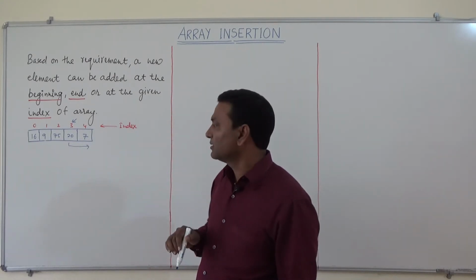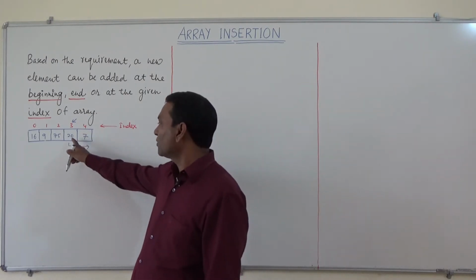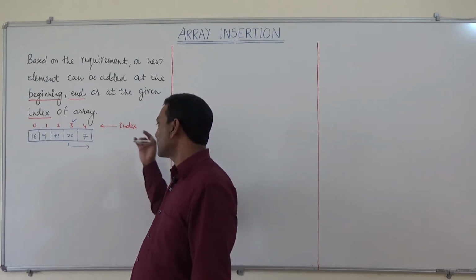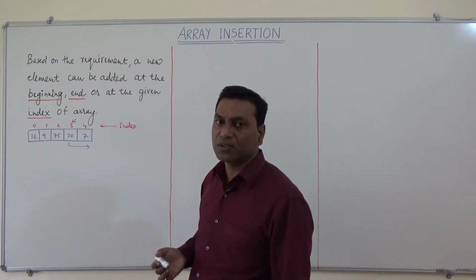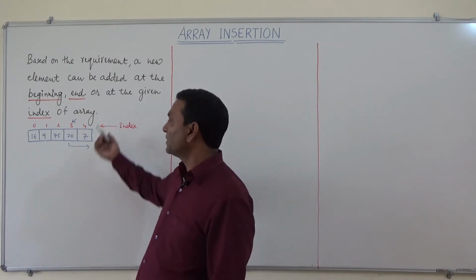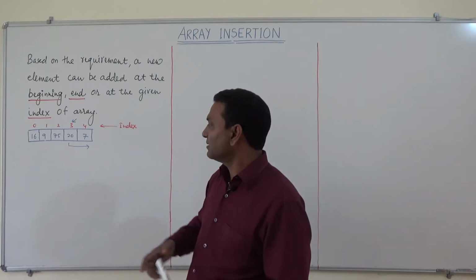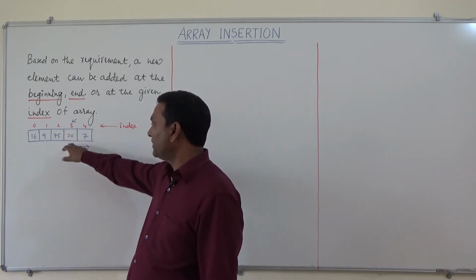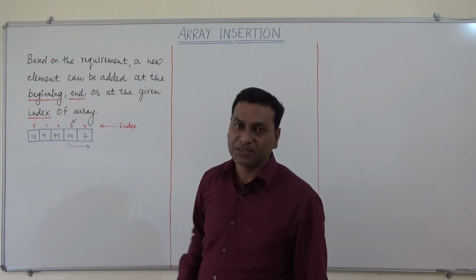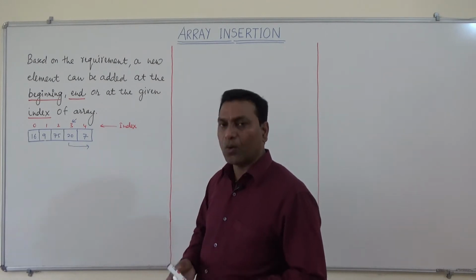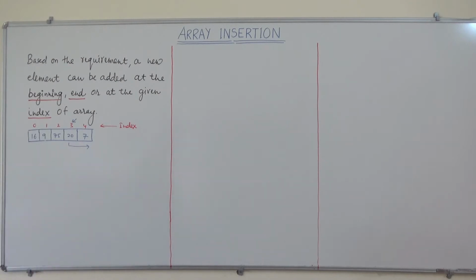It means we have to shift 20 and 7 towards the right: this 20 will go to index 4 and 7 will go to index 5. After making this particular index empty, we will be able to insert the element. So now let us see how we can do it with the help of a program.